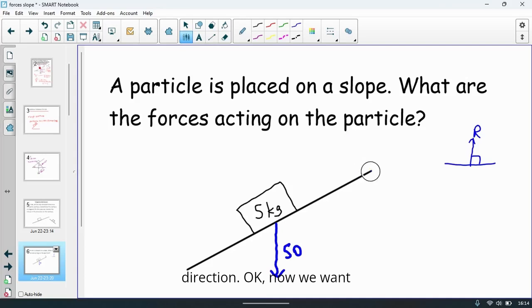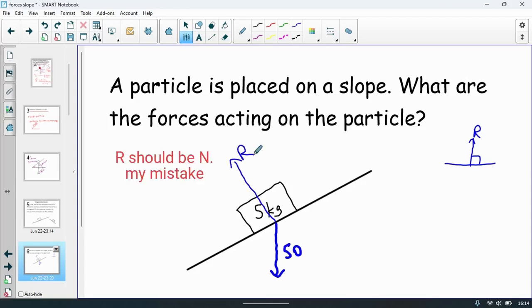We want this to act at the surface, usually in the center of the object, so going like that. This will be your reaction force.